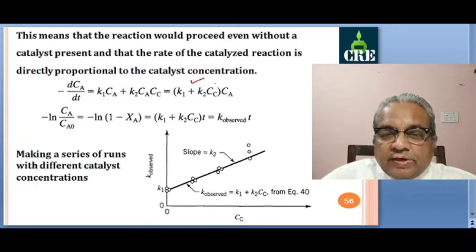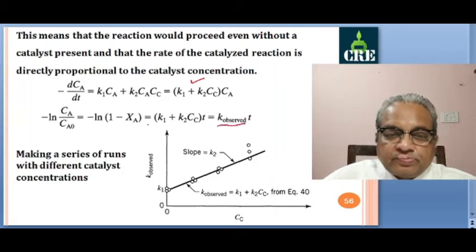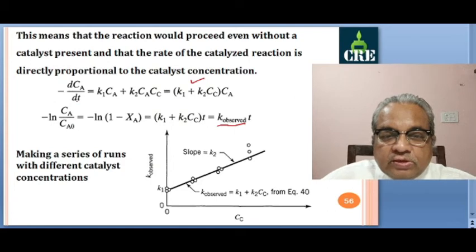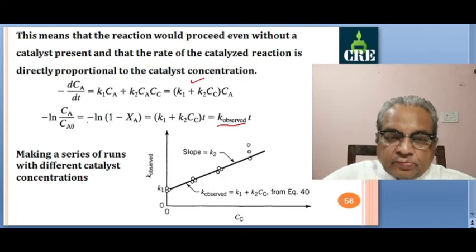This K1 plus K2 into CC I can write as K observed. So for the kinetics, this CA I can take on this side, so minus ln of CA by CA0, that is the same as minus ln of 1 minus XA, and that is equal to this K observed value, which is K1 plus K2 into CC into t. So the integral of dt from 0 to t is t. From 0 to t, the variation is CA0 to CA.